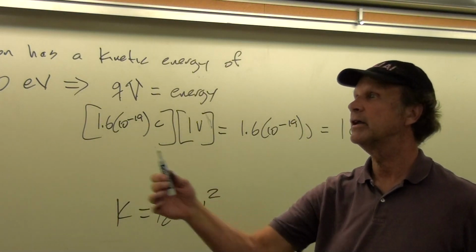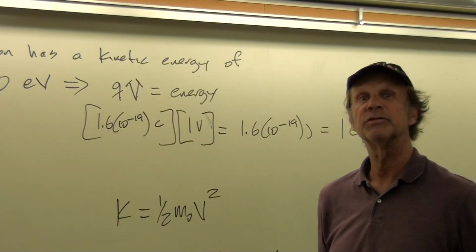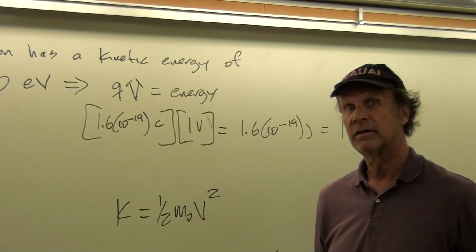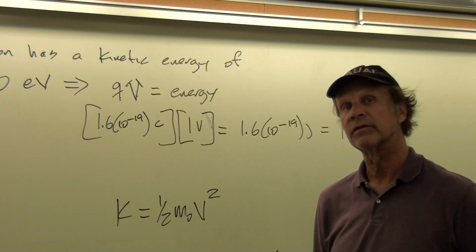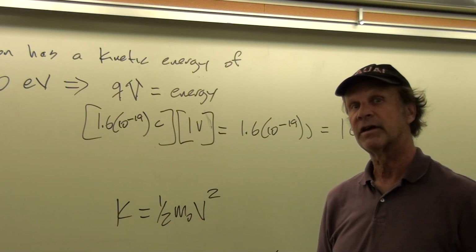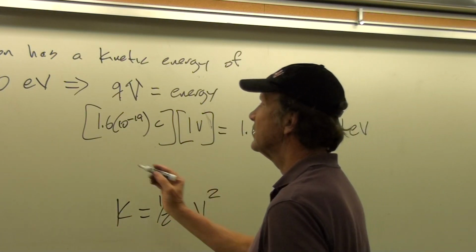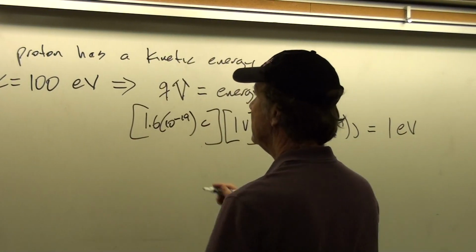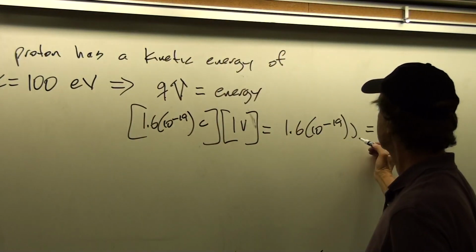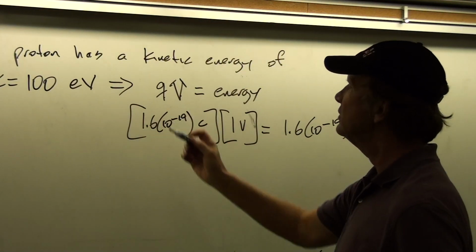Okay, just like if I'm trying to measure the distance across this room, I'm not going to use millimeters, I use feet. Okay, because that gives us a more reasonable number for the length of this room in terms of a different set of units. And so oftentimes then you'll be given an expression for the energy in terms of electron volts rather than in terms of joules. So let's do that then with this problem.